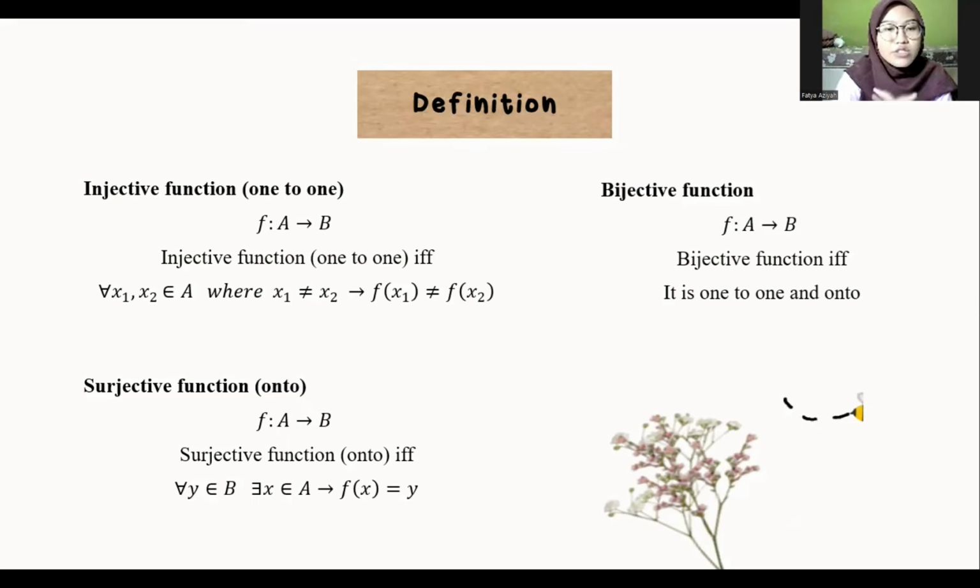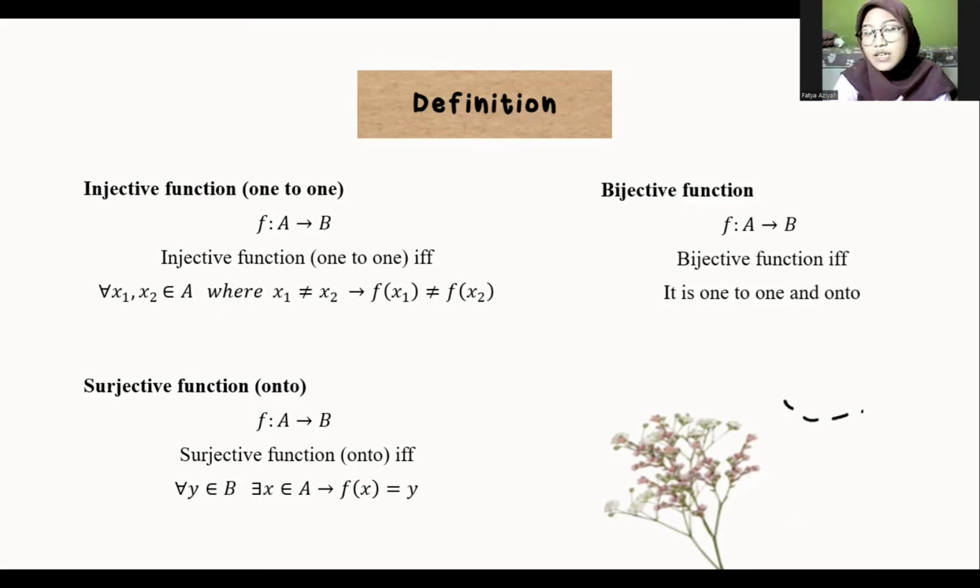Then the surjective function, or onto: if we have a function from A to B, it is surjective if and only if for every y element of B, there exists x element of A such that f of x equals y.